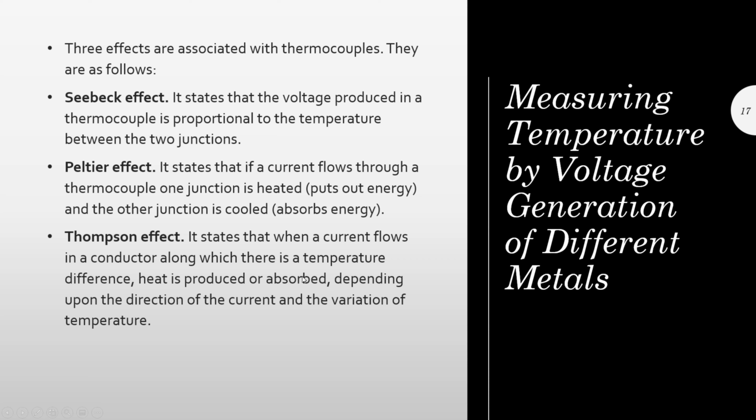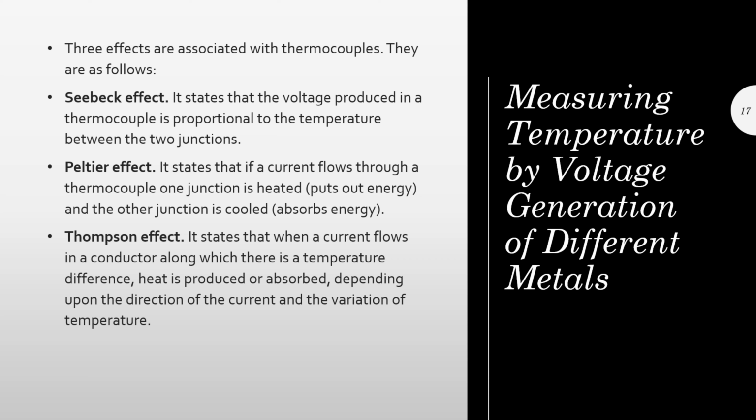That means if you have a rod and a current flows through the rod, heat is produced or absorbed, depending on the direction of the current and also on the variation of the temperature generated. So, based on these three effect principles, we can create our device, which is the thermocouple.